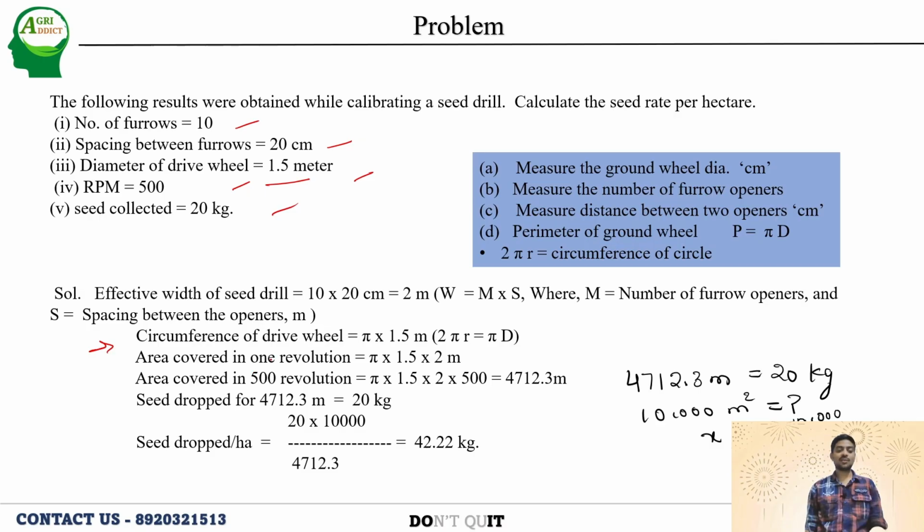Now the area covered in one revolution is the circumference of the wheel into the effective width, which we got from the effective width formula we have seen in the last slides. Effective width is calculated by M into S, where M is the number of furrow openers and S is the spacing between the openers.